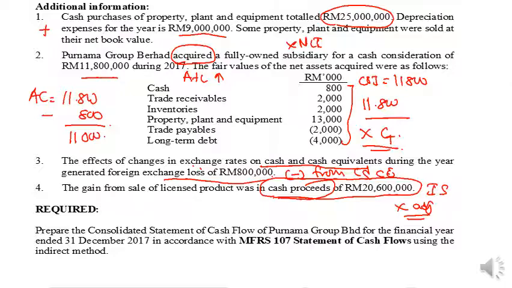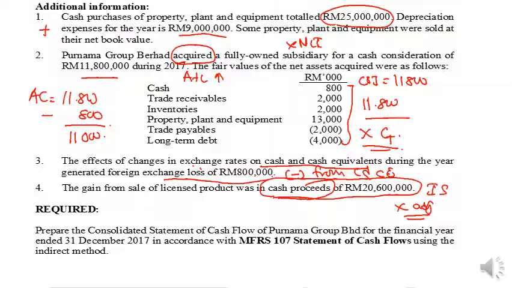Purnama acquired a fully owned subsidiary, meaning there is no NCI in this case, for a cash consideration of 11,800. The fair value of the company's net assets at acquisition, when you total up, is equal to 11,800.